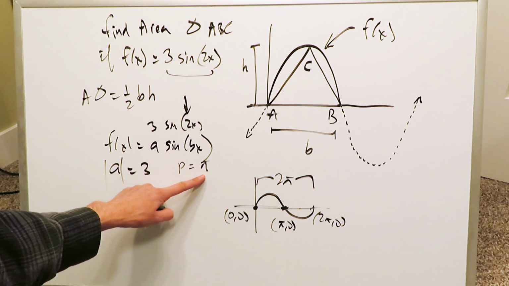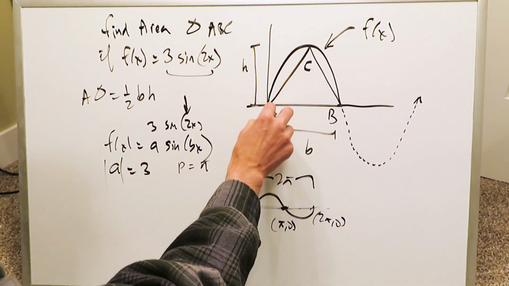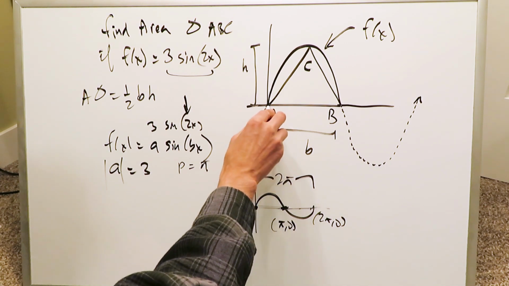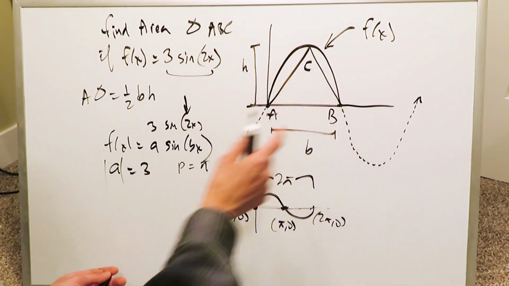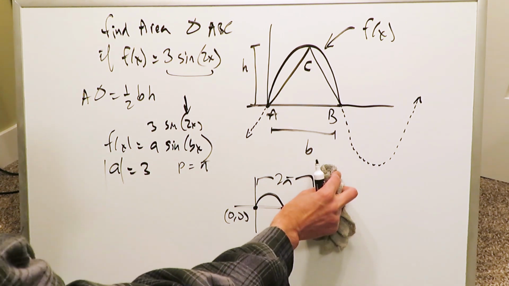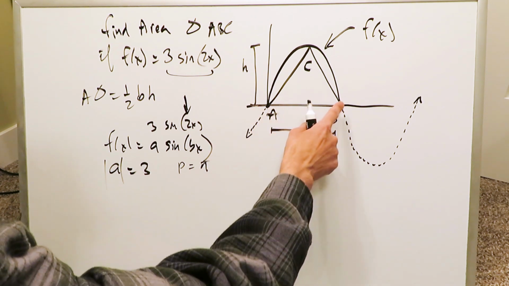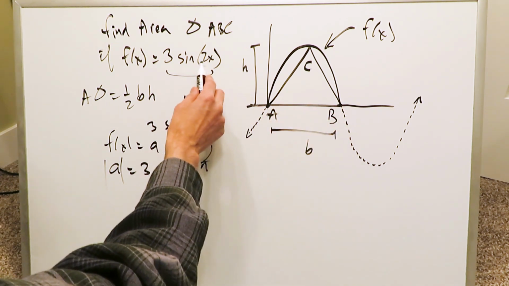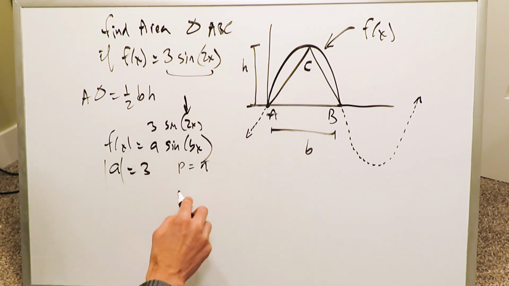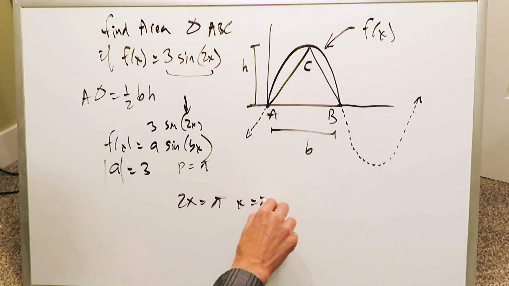But here, the vertices of this triangle represent the x-intercepts of this sine function. To get to those x-intercepts, you must generate a value of 0 over here and pi over here. So you look at 2x: 2x is equal to the period pi, and x is equal to pi over 2.